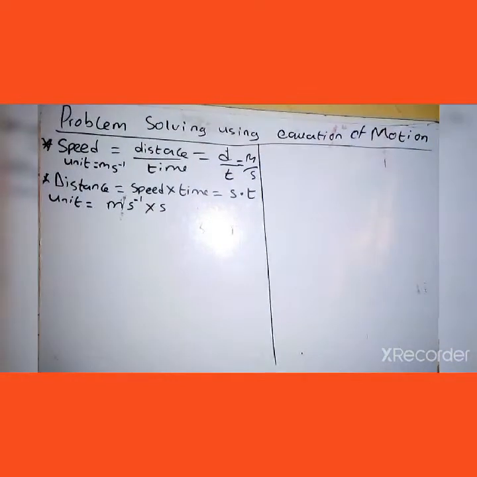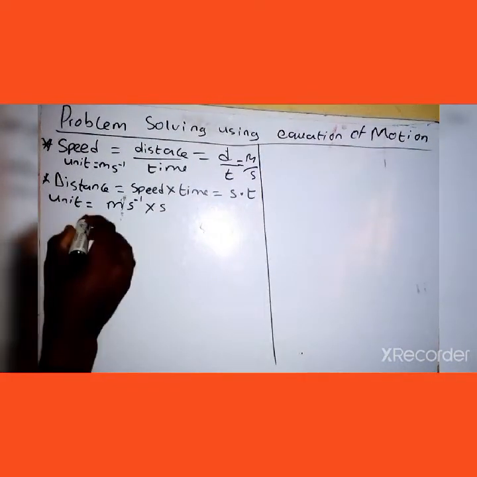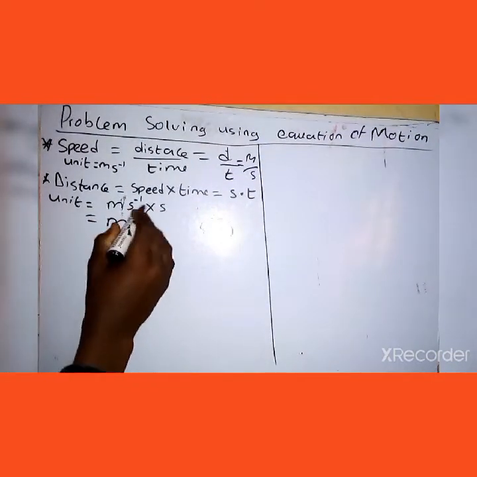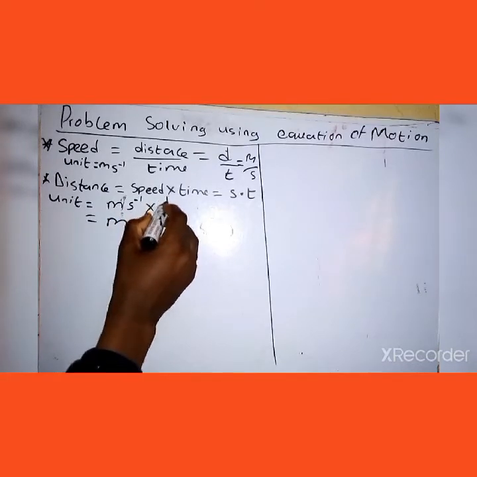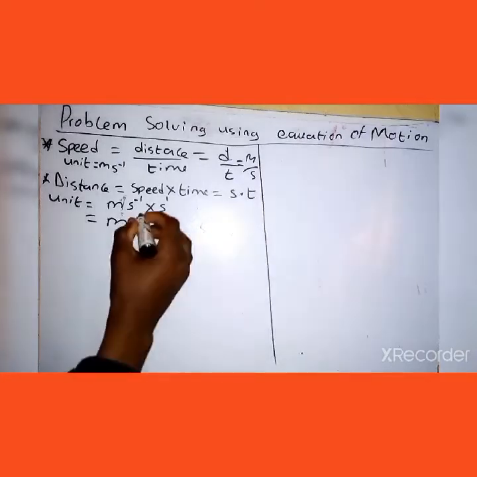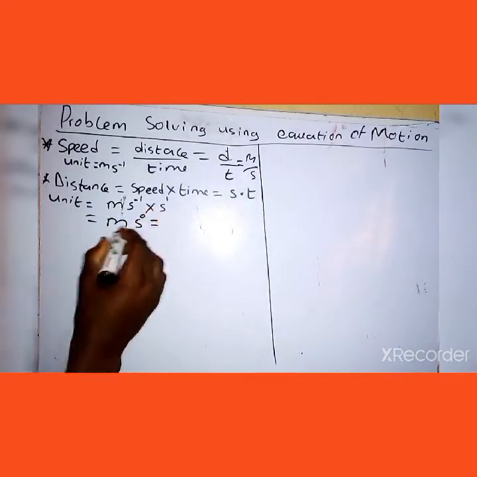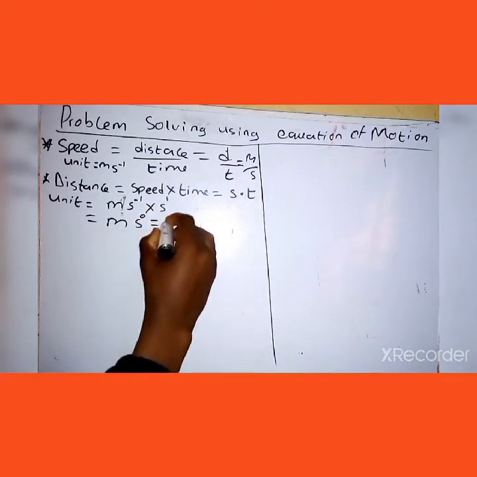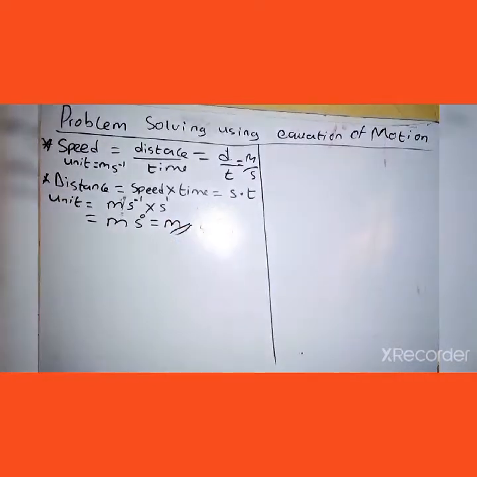So applying the law of indices, here we have meter, so we sum up the powers: minus 1 plus 1 is 0. So we have s to the power of 0, and anything raised to the power of 0 is 1. So we have meter as the unit of distance.